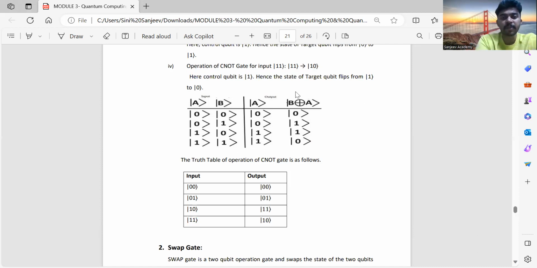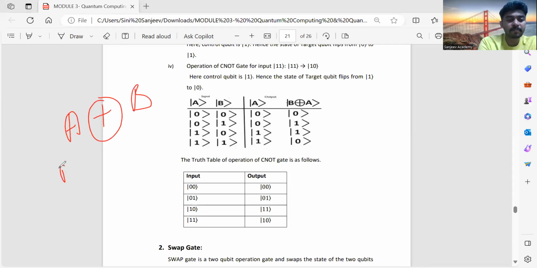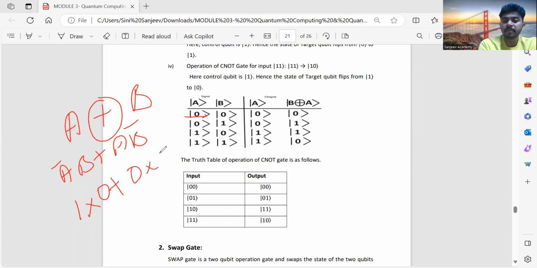If I want to show you here, A bar B plus A B bar. A bar, taking the first one, 0 and its complement is 1. 1 into 0 plus A B bar: A is 0, B bar is 1. 0 plus 0, I'll be getting 0. That's how I'm getting this 0 here.